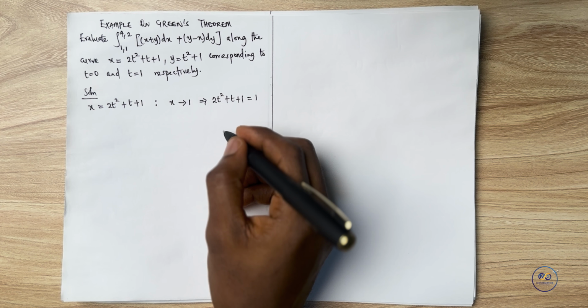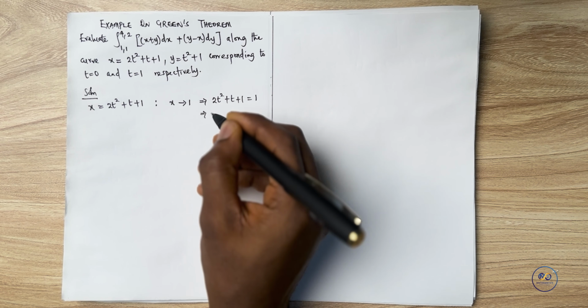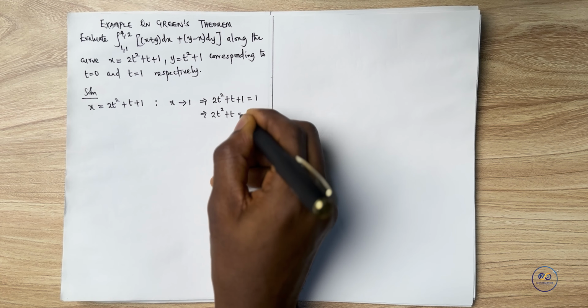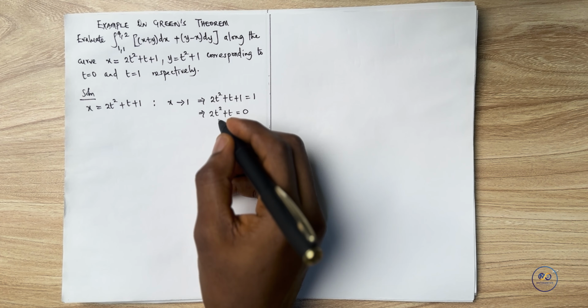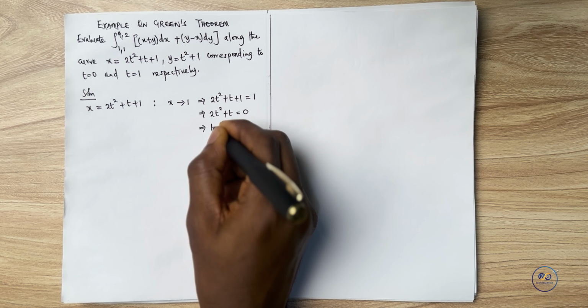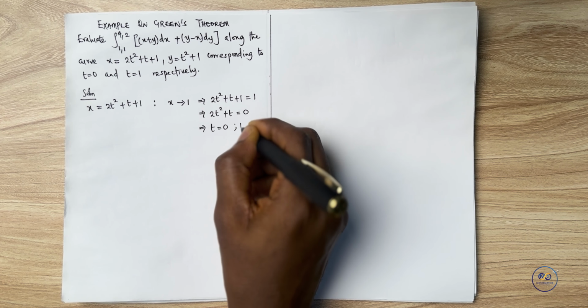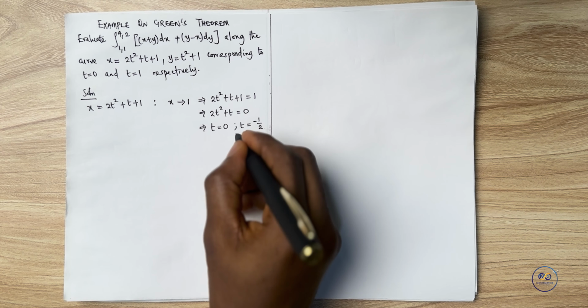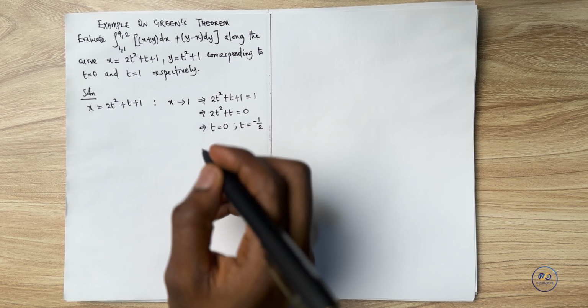So that, of course, gives you a quadratic equation, 2t squared plus t equals 0, which by factorization means that t equals 0 or t equals minus 1 over 2. Right? These are two possible values for t in this case.